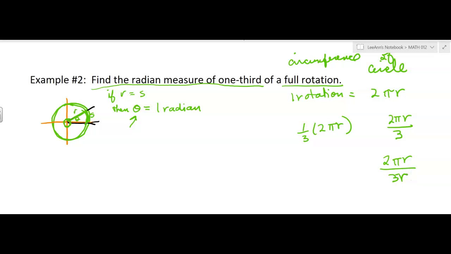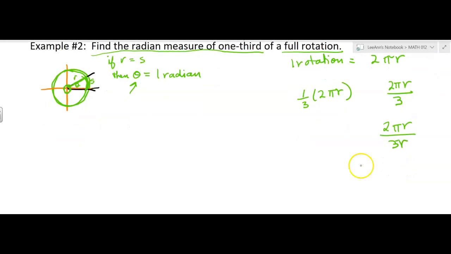Okay? So the radian measure is going to be, the r's are going to cancel. So you have 2 pi over 3. And now that's in radians. We're not going to write the word radians. We're just going to write 2 pi over 3. And that would be then the measurement in radians of 1/3 of the whole rotation.